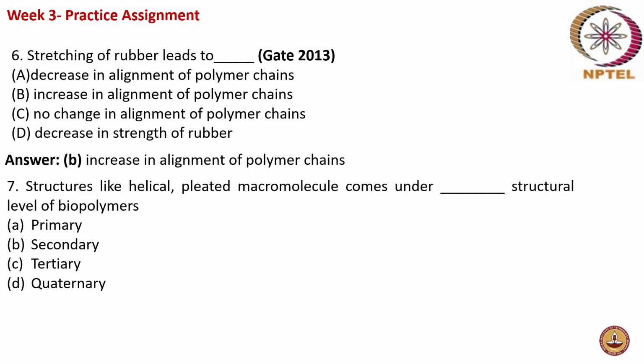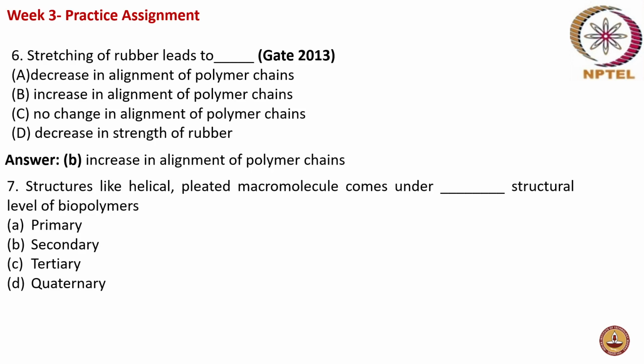Or else during melt processing itself, when you're initially processing the rubber before cross linking, you can stretch it to some particular chain alignment and then do the further processing. Okay, fine. Now let's get on to the next question.